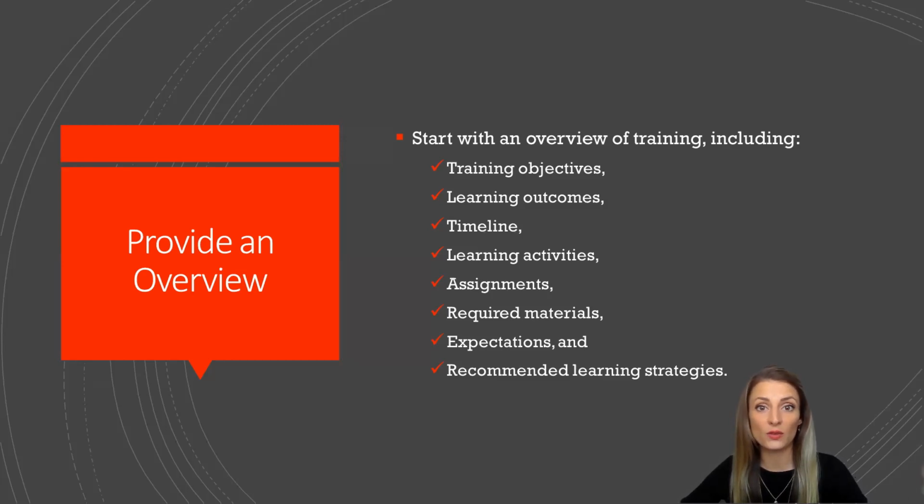This includes an overview of the training objectives and learning outcomes, a timeline of the assignments, required readings, equipment, software, and other resources, the trainer's expectations for trainees and what trainees can expect from the trainer, as well as the trainer's recommended strategies for tackling the content. How can trainees remember the material, for example, which we'll cover next?